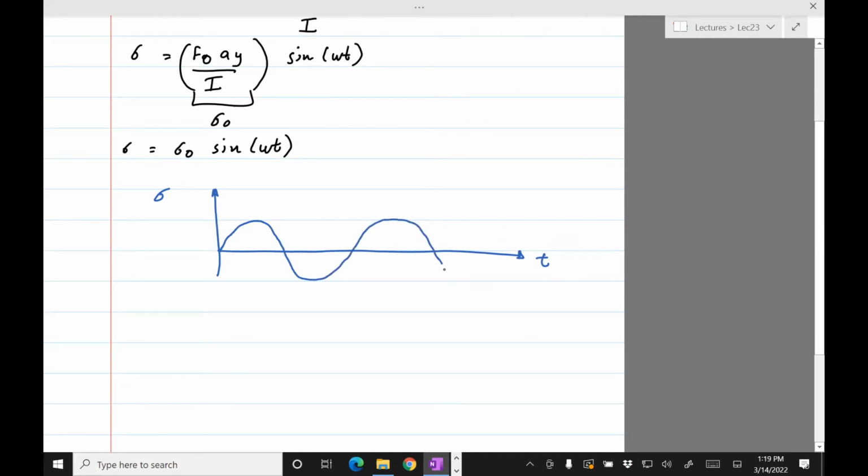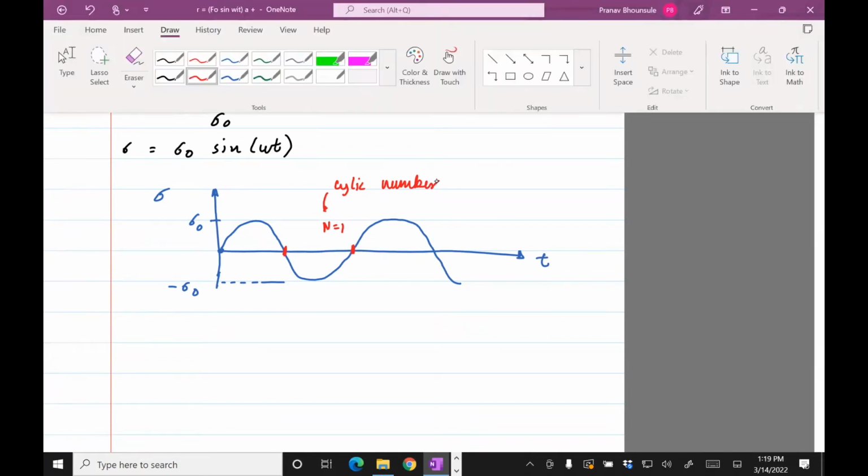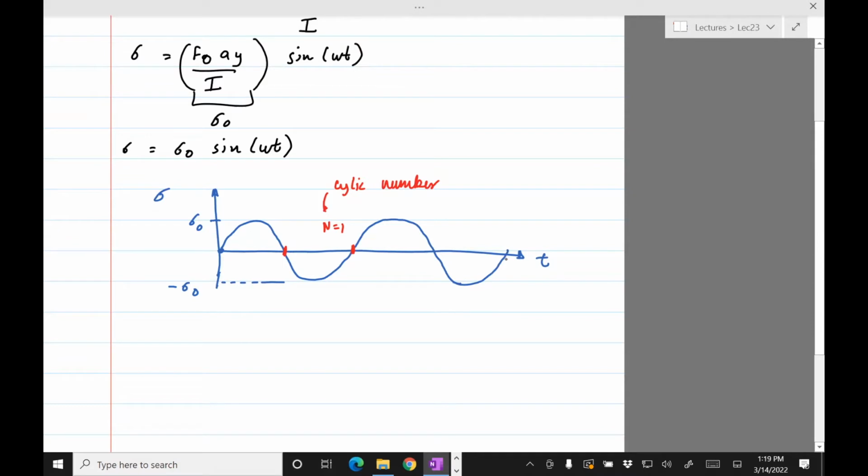A sinusoid with amplitude sigma 0, minus sigma 0. So let's say it starts here. Then when it reaches here, that's the first cycle. That is, it is a fluctuating load. That's the first cycle, and then we can keep going like that. That will be the second cycle.